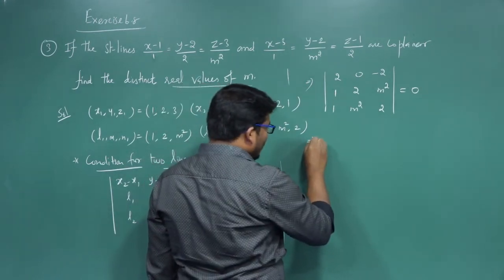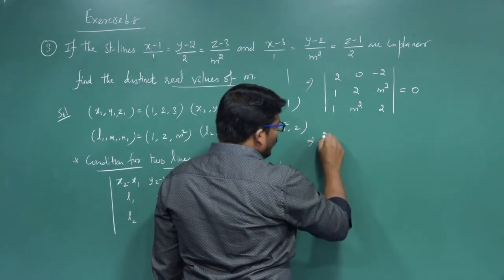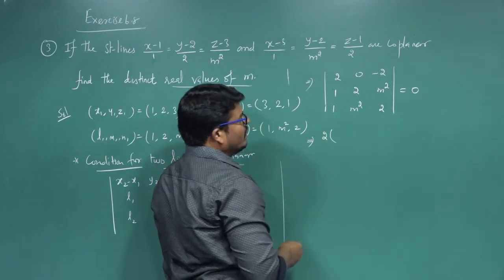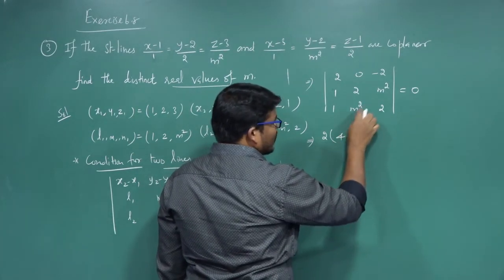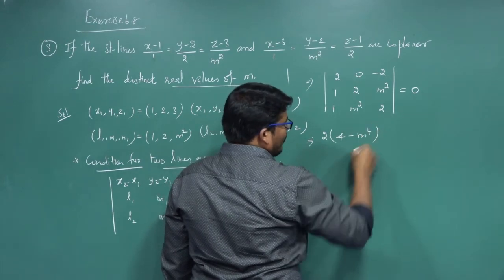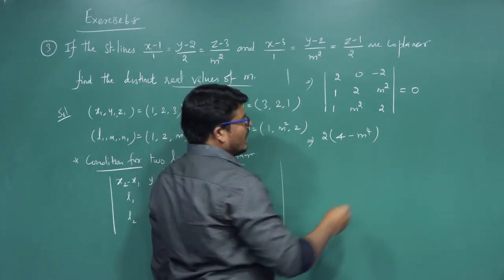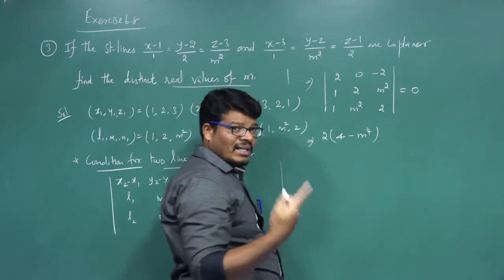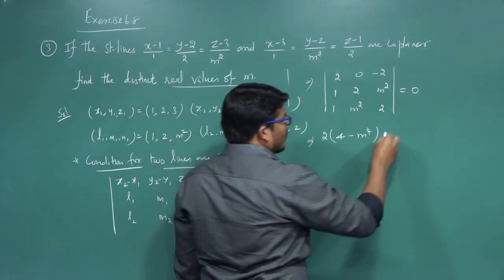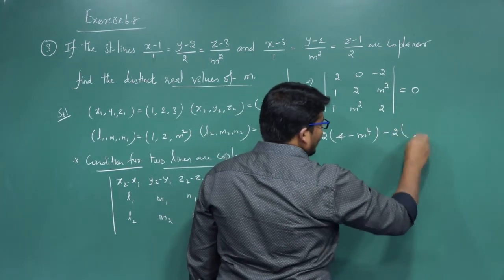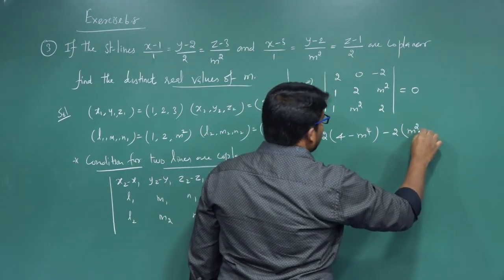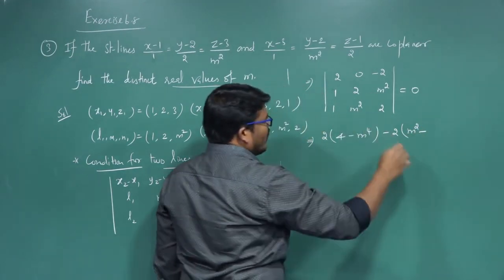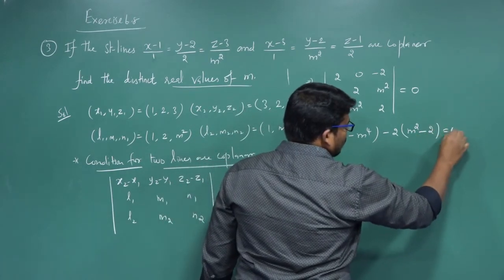Now expanding the determinant: 2 into 2 twos are 4, minus m square into m square is m power 4. Next, taking the element 0, 0 into anything is 0. Next, taking the element minus 2, into 1 into m square is m square minus 1 times 2, which is 2, equal to 0.